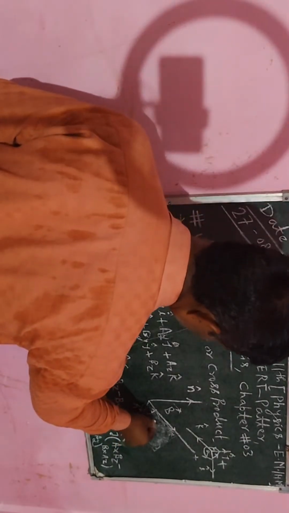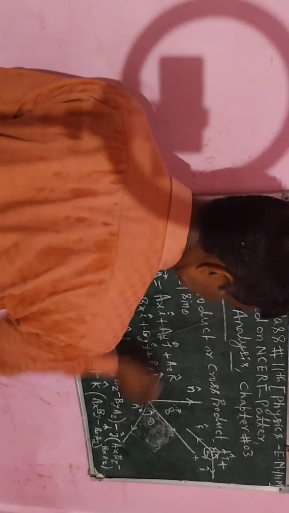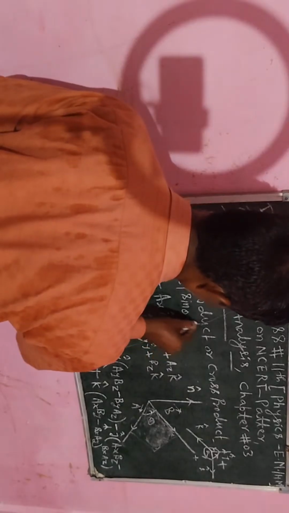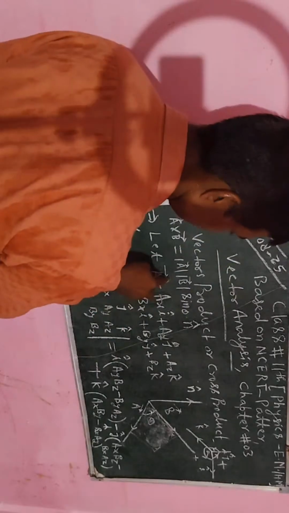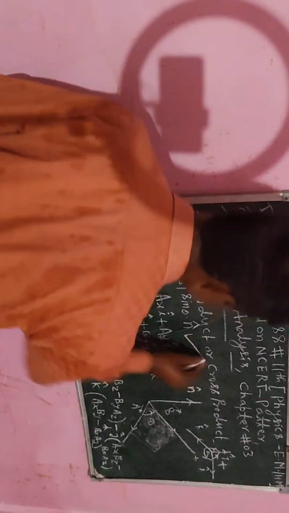Here I have written theta, and it will have sin, multiplied by the unit vector n cap. So the cross product of two vectors will be a vector. So this is the formula, and we have to remember it, because this is important.